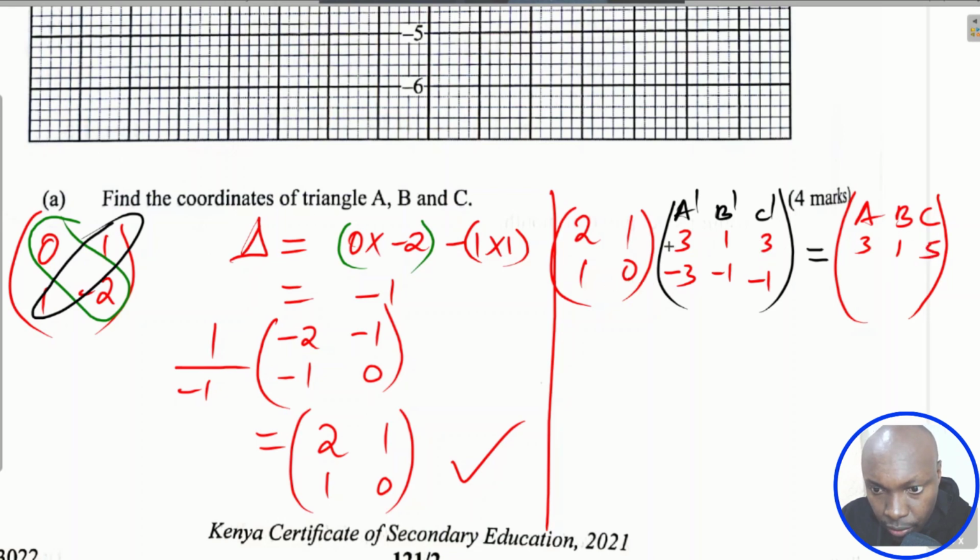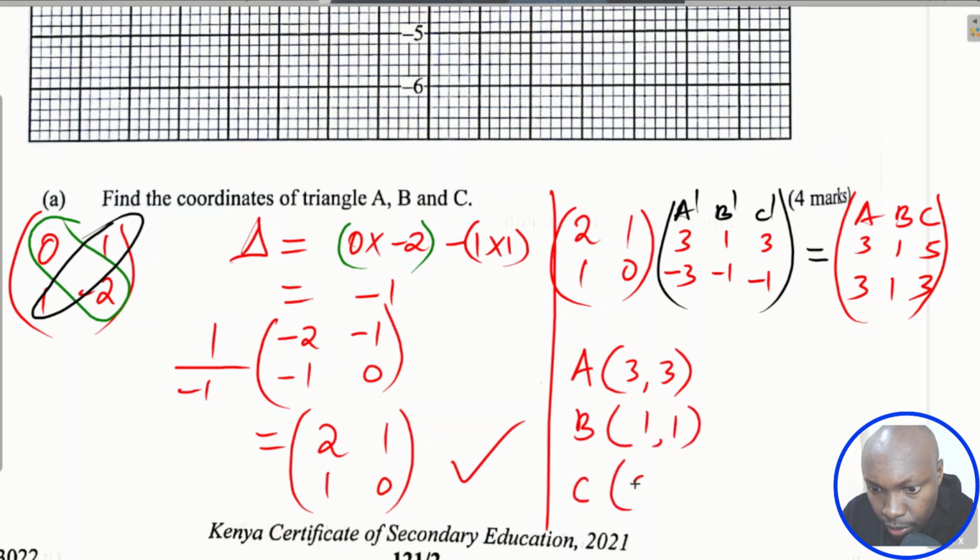Then the second row, this will be 3, this one will be 1, and this one will be 3. So therefore the coordinates of triangle ABC are A is 3, 3, B is 1, 1, and C is 5, 3. Those are the coordinates of triangle ABC.